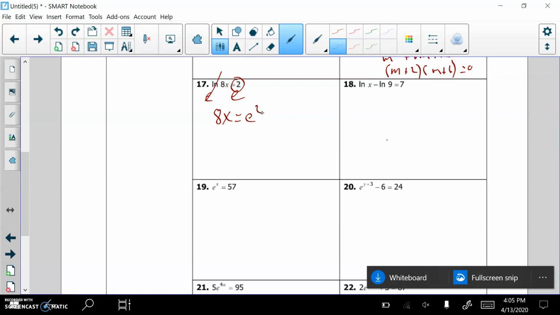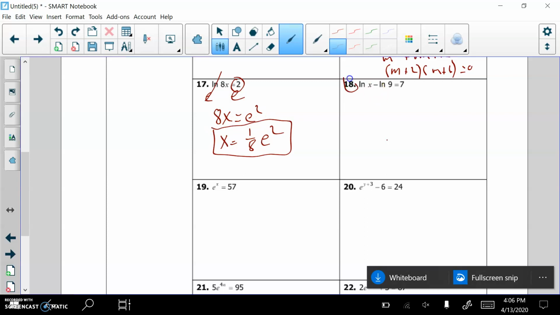Now, you can calculate that out, that's fine, but the next move would be to divide by 8. So x is equal to, let's say 1/8 e squared instead of putting it over 8. So if you're using a calculator, you do e squared and then divide by 8 or times 1/8.